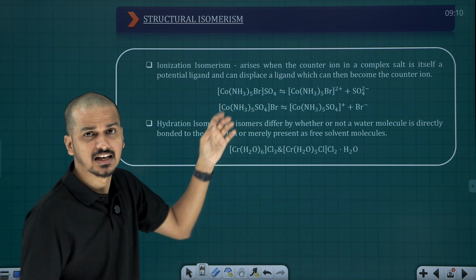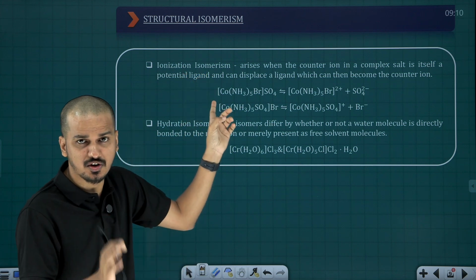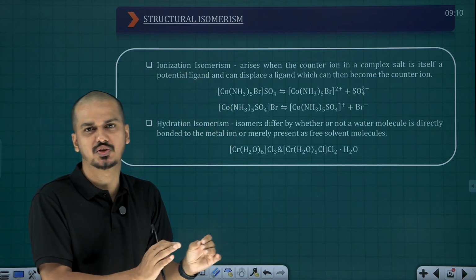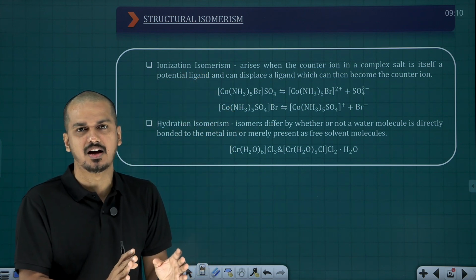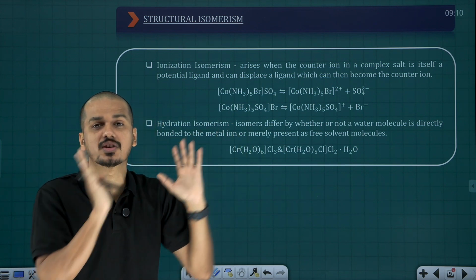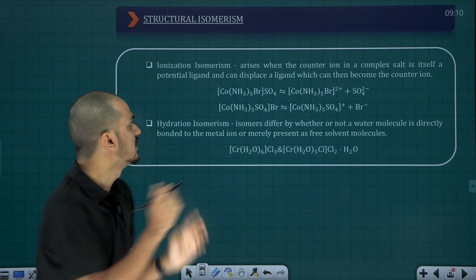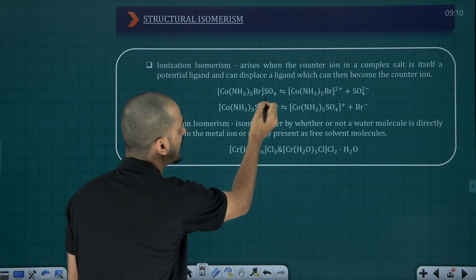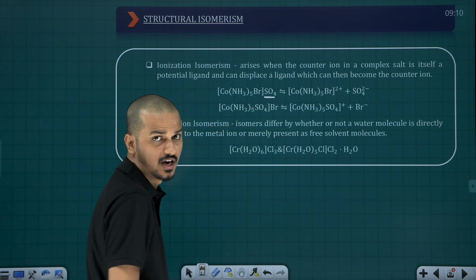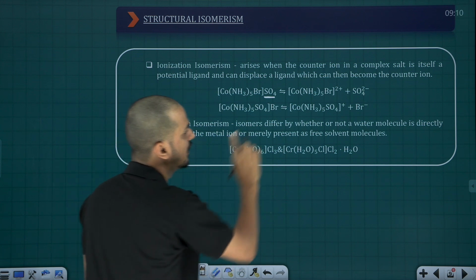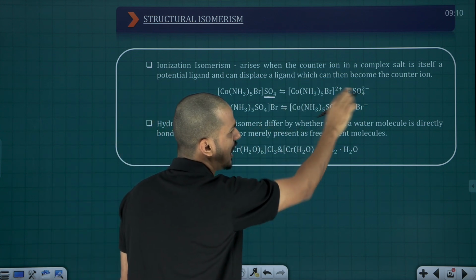For example, in the case of ionization isomerism, they are isomers with the same molecular formula, but they give different ions in solution because of the interchanging of ligand and counter ion. In the first case, SO4 is the counter ion, so these are the ions they give.